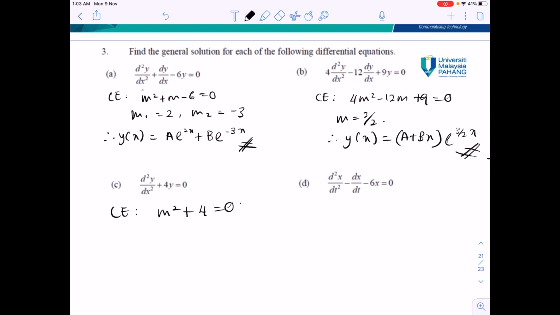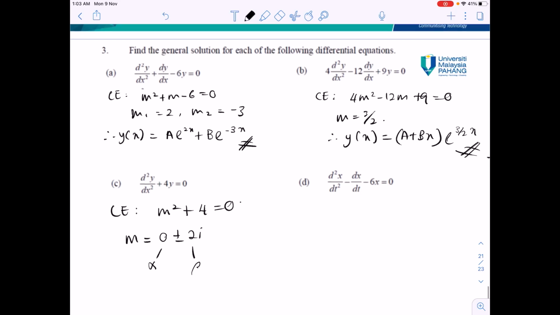Be careful, this one is actually 0 plus minus 2i. Meaning this is case number 3. The real value is 0, but the beta value is 2. This is your alpha, this is your beta.